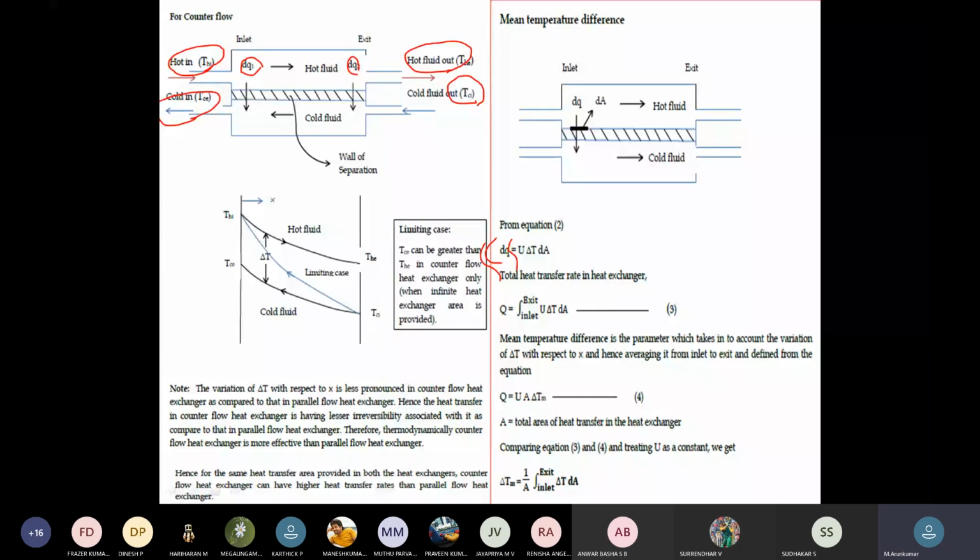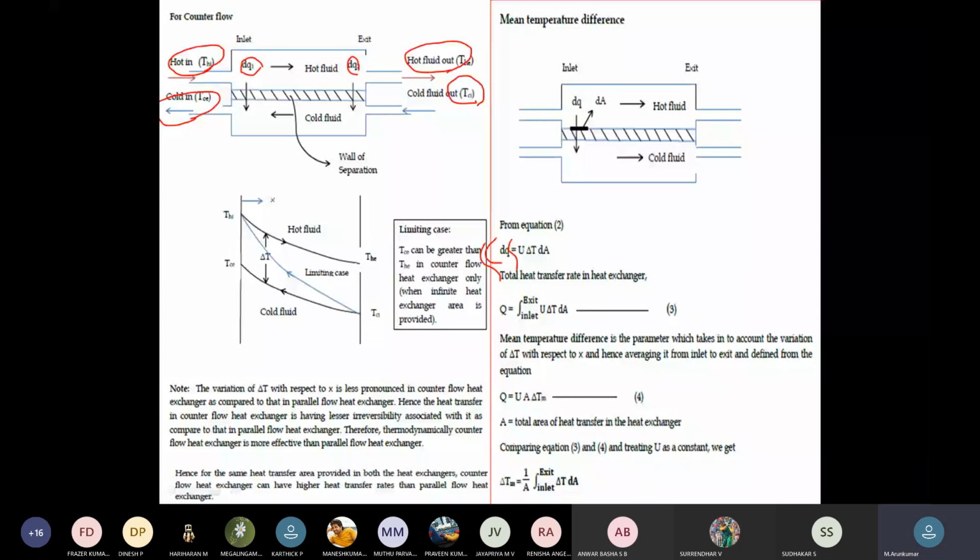Then if you compare this Q, so equations 3 and 4, this will be equal to this one. So UA delta Tm will be equal to the integration from inlet to exit of U delta T dA.